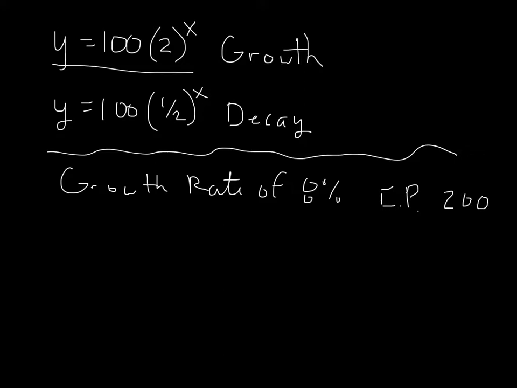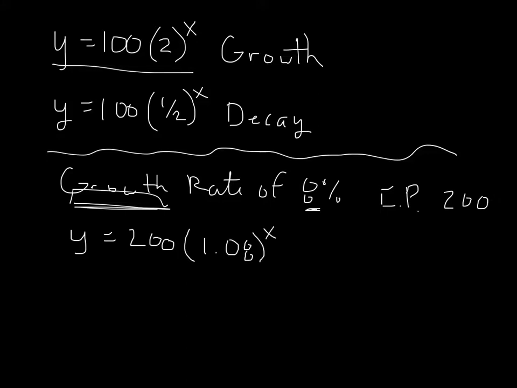Now the function that can represent this is y equals 200 for my initial population times b, and b would have to have that 8%, but it is growth, so b has to be greater than 1. So it would be 1.08 to the x. 1 is to ensure that you keep the initial population that you have, and then 8% on top of that. If you did just 200 times 0.08, it would be decay.